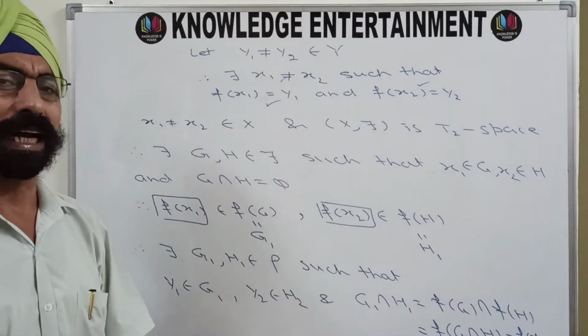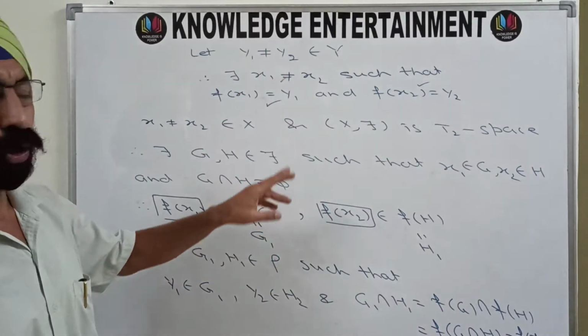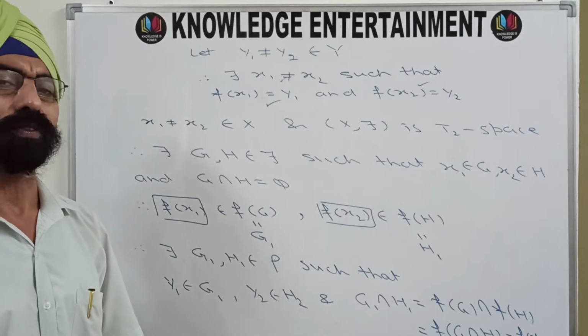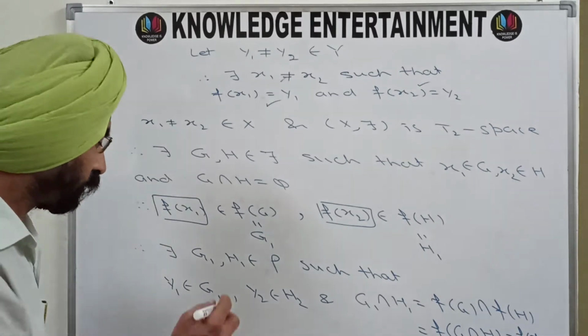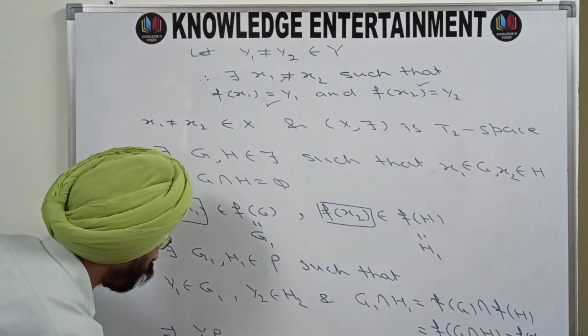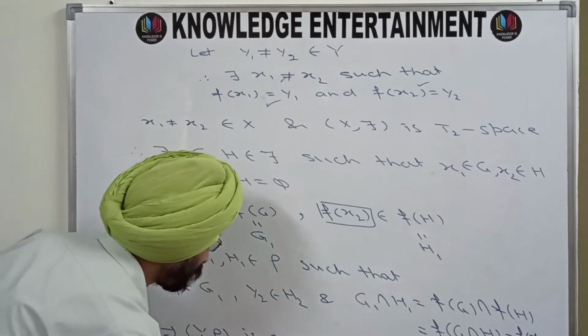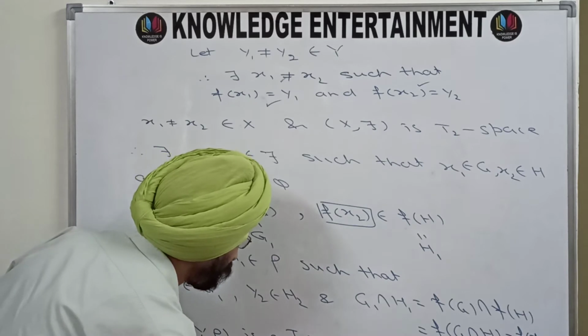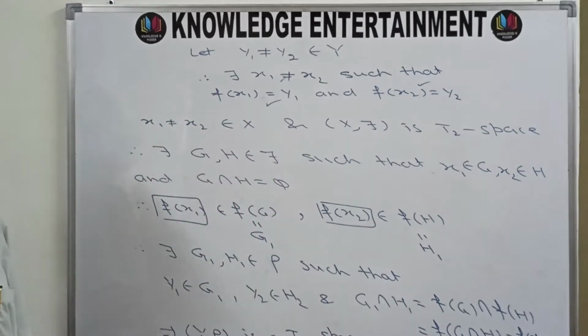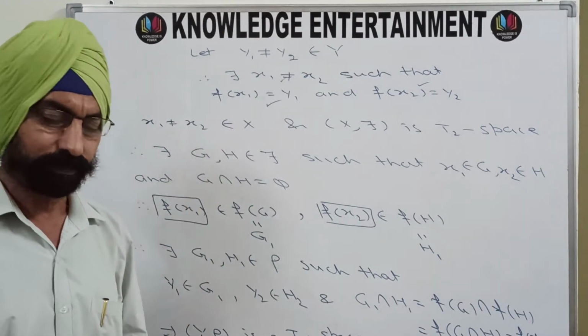And this all proves that the topological space Y rho is a T2 space, what was required to be proved. So what we have proved? We have proved that Y rho is a T2 space, and that was required to be proved in this theorem.